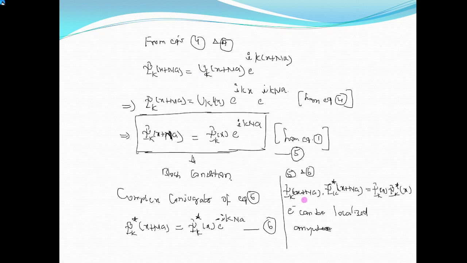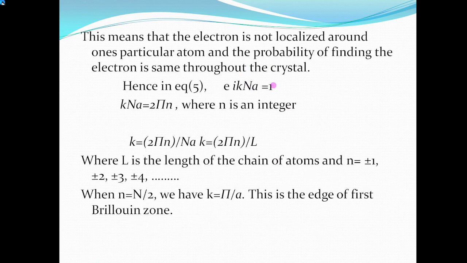Okay. Now, if psi k(x+Na) is equal to psi k(x), and psi k star(x+Na) is equal to psi k star(x), what happens to this expression? Here psi k(x+Na) is psi k(x). So psi k(x) is equal to psi k(x) e power ikNa. What happens? These two get cancelled and I will get e power ikNa is equal to 1.